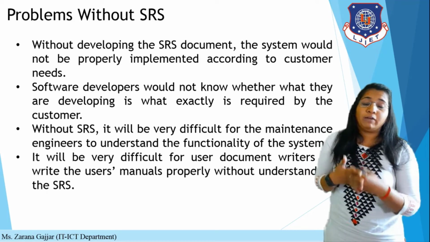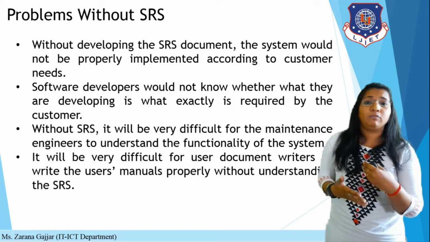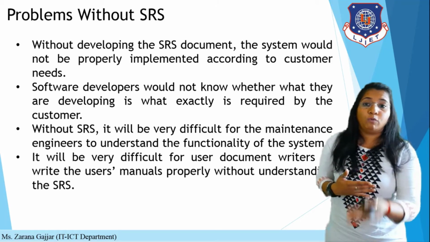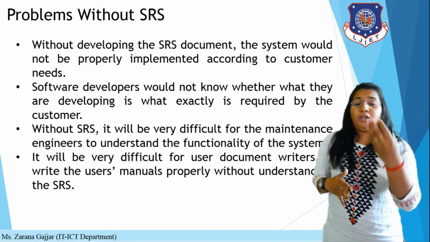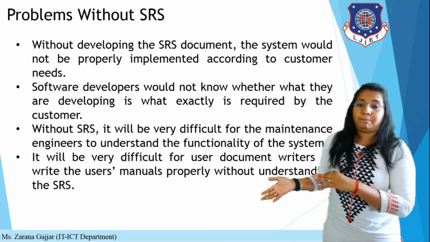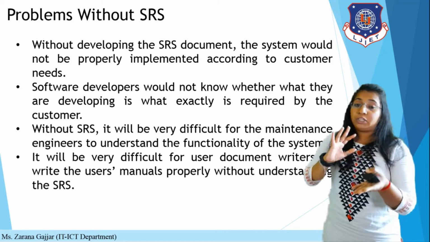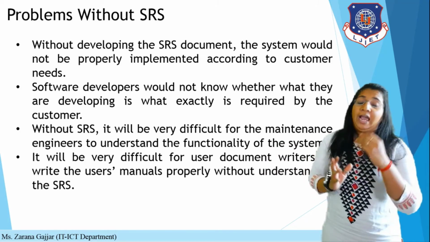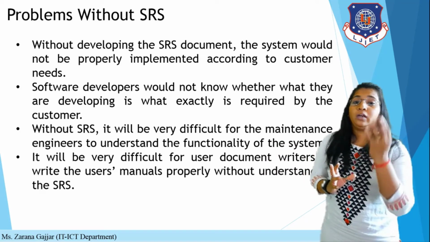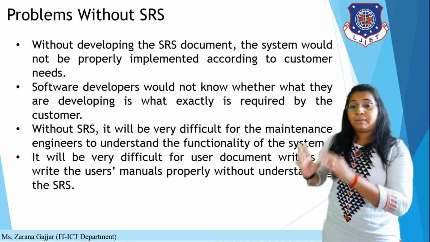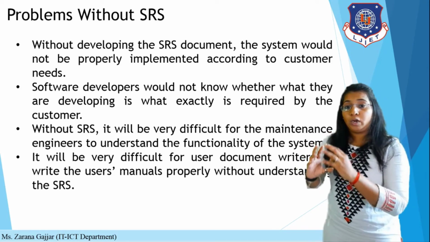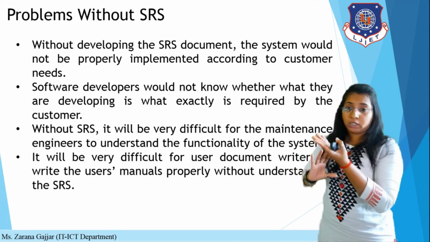Then the software developer would not know whether what they are developing is exactly what is required by the customer. If you communicate orally with your team member, the interpretation might be different. As a team leader, you assign a particular task to that team member, but the team member interprets that requirement in another way.